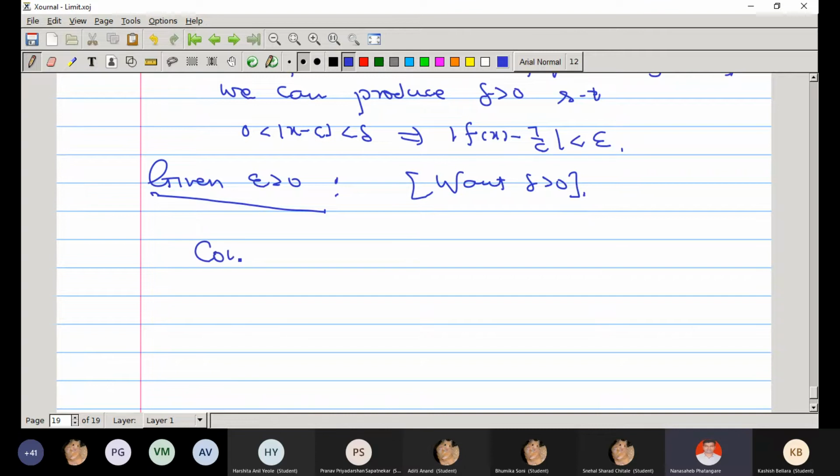So consider f(x) minus 1 by c. This is what we ultimately aim to make less than epsilon. So try to simplify this as we did in the previous exercise. First I will try to simplify this expression so that I can guess delta.